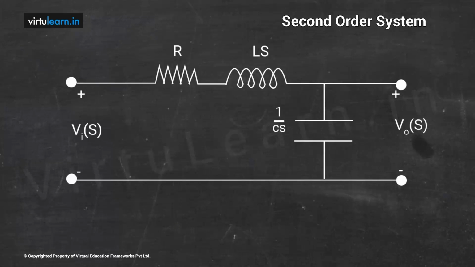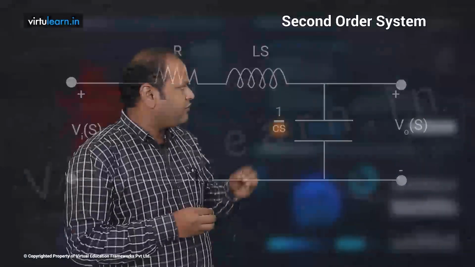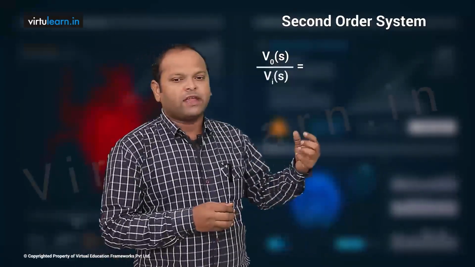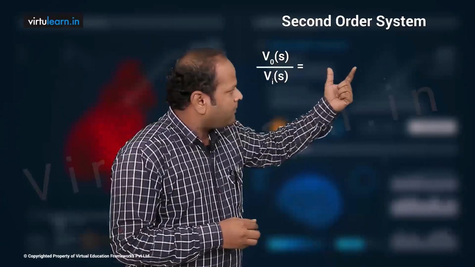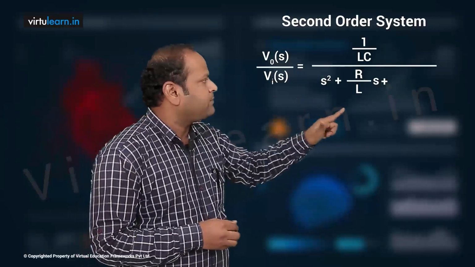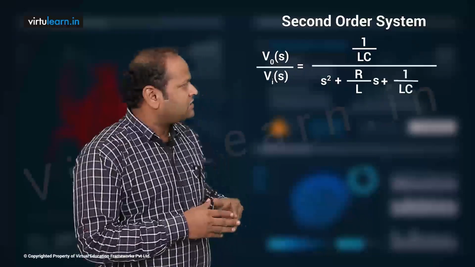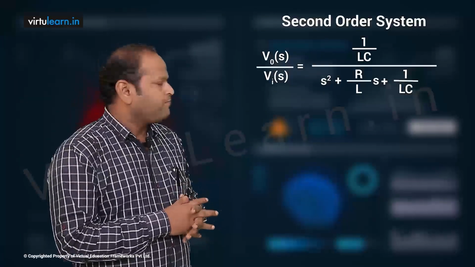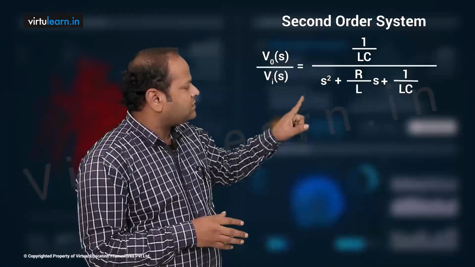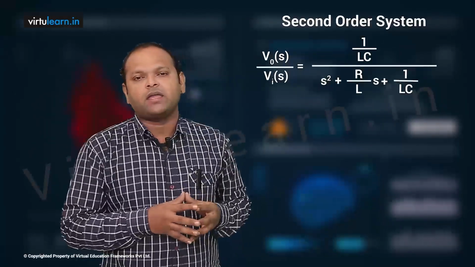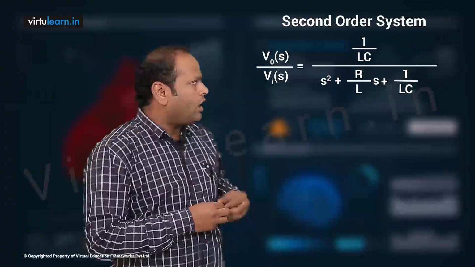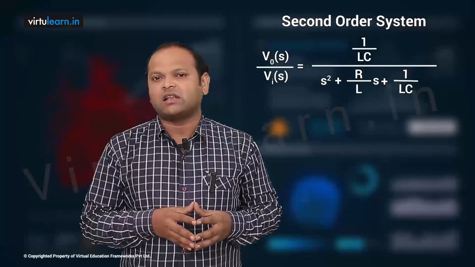Substituting, and writing in the standard form, we get V0 of s by Vi of s is 1 by LC divided by s square plus R by L s plus 1 by LC. This is the transfer function of the series RLC system.